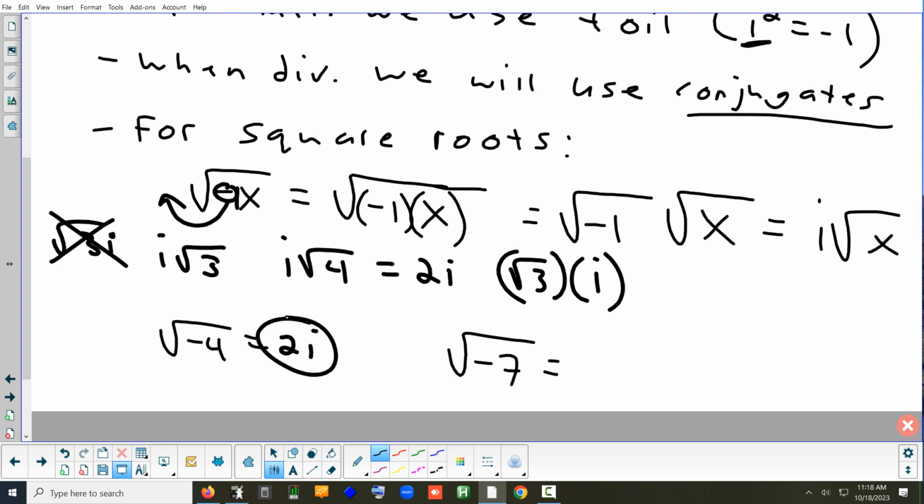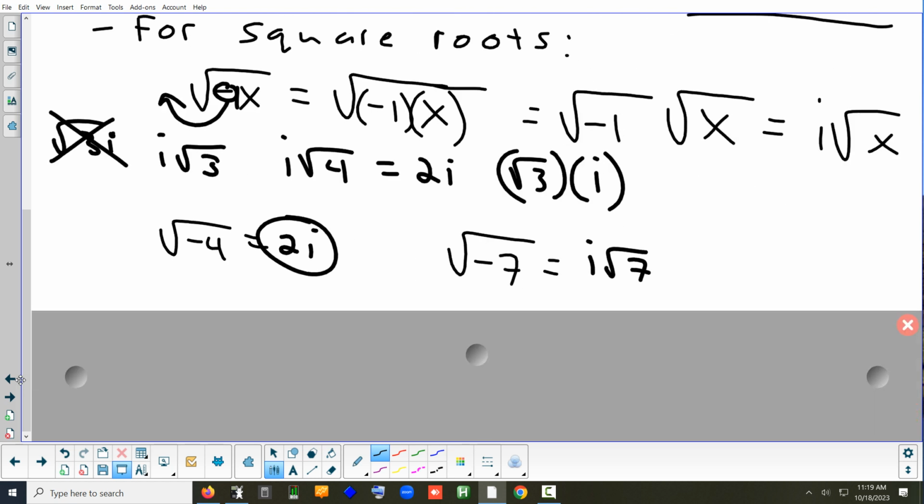It's perfectly fine to put the i after the number because there's no root. The square root disappeared because it was a perfect square. How about the square root of negative 7? How would we write that one? Yeah, i square root of 7. So the negative just comes out in front as an i.